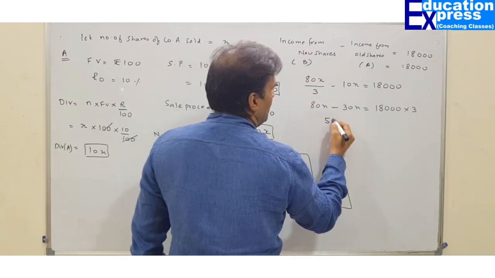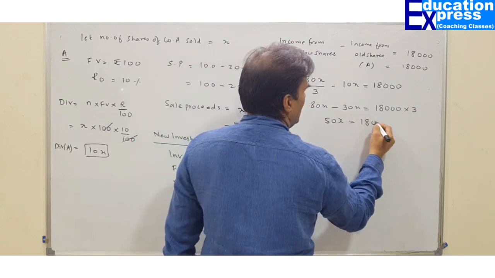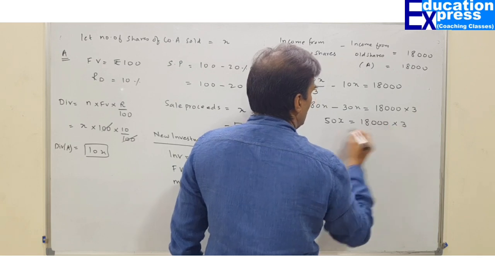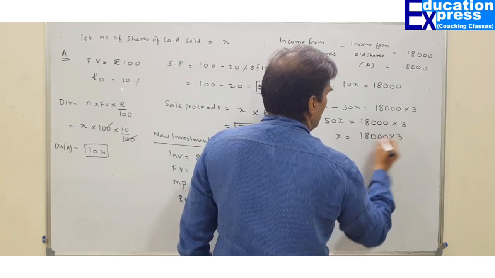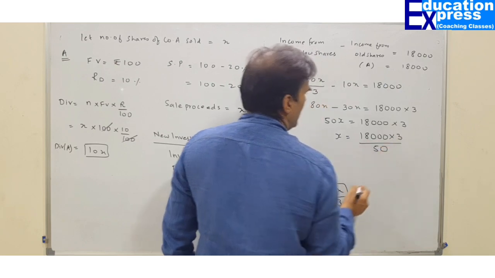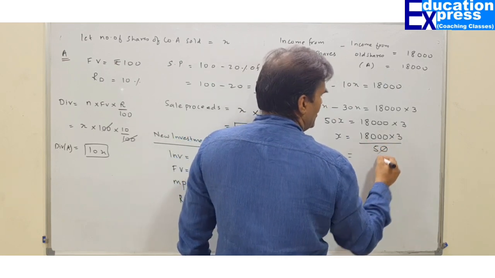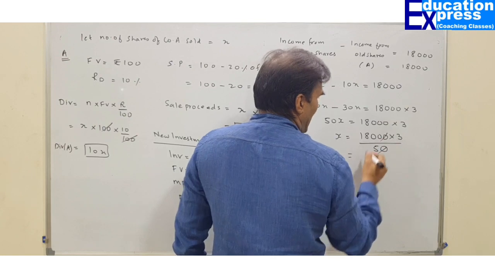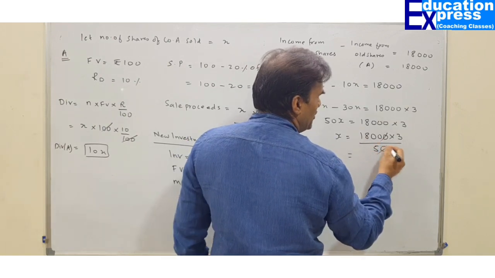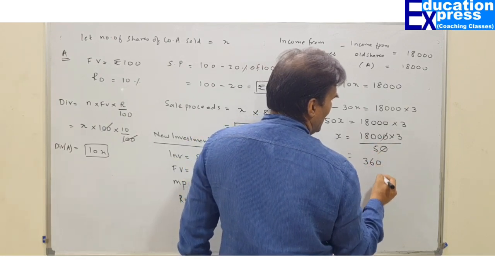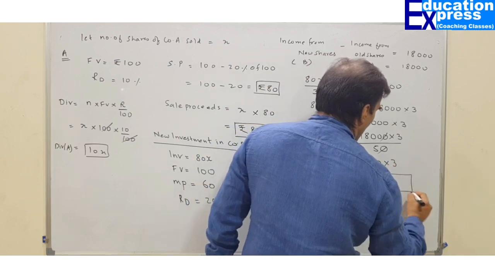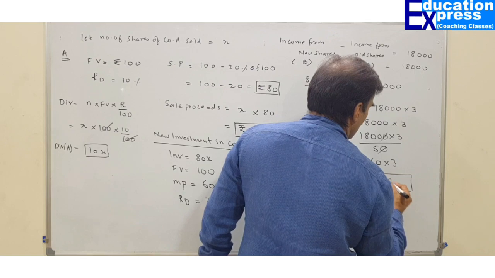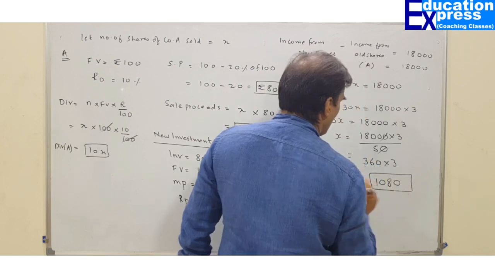What do you get? So 50x equals 18,000 multiplied by 3. So x would be 18,000 multiplied by 3 upon 50. What do you get? 0 cancels 0. 1800, so that's going to be 360 multiplied by 3, 1080.